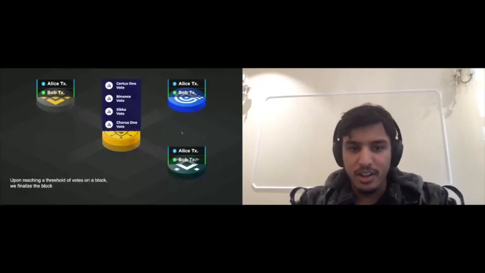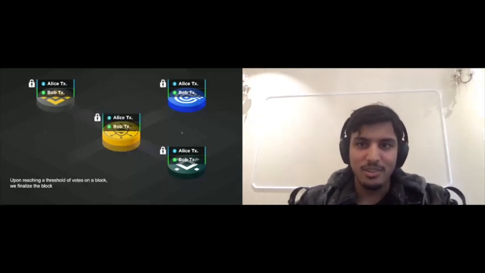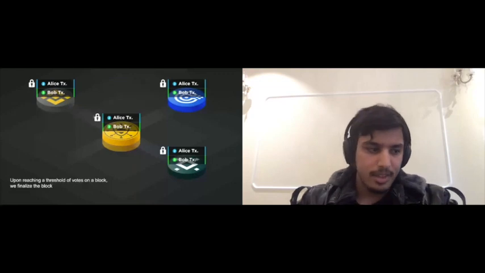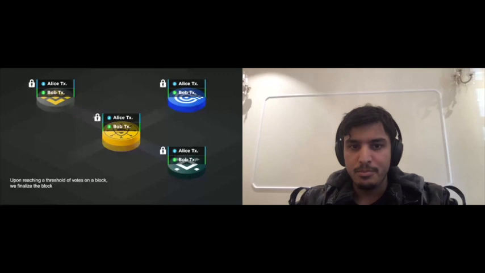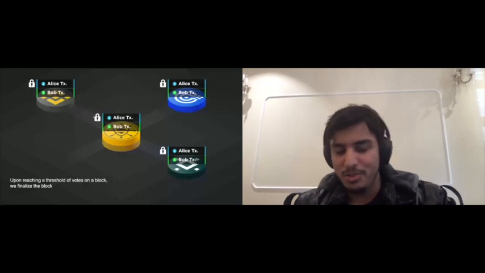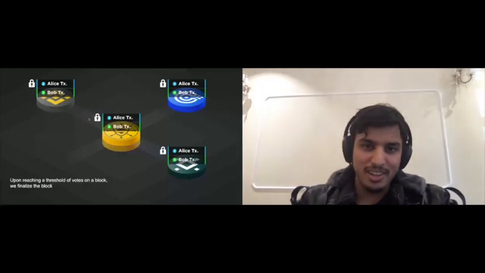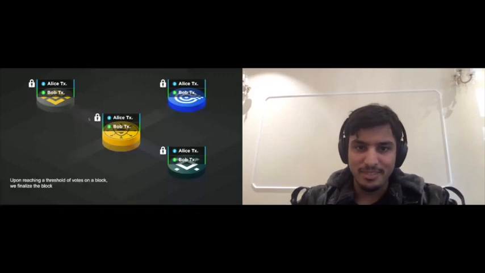Then they gossip around the votes, and once you get a threshold of votes on a given block proposal, you can finalize that block. Note this by having a nice little lock here. And once we have a finalized block, we just go to the next block and keep proceeding.